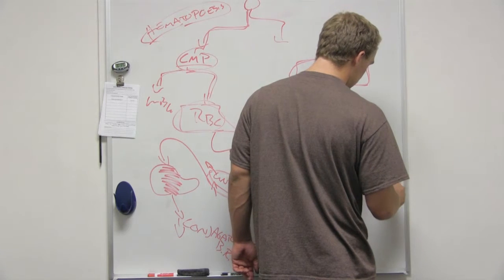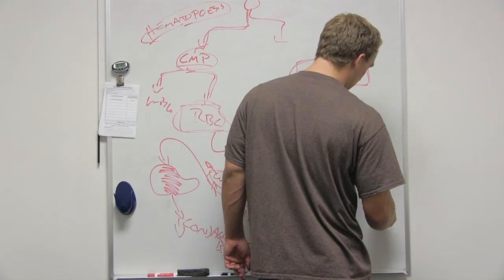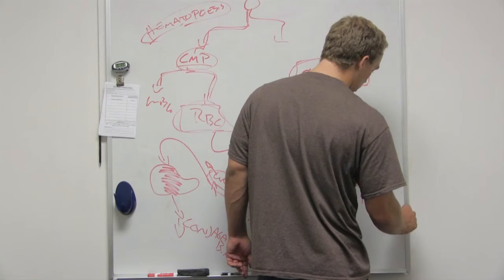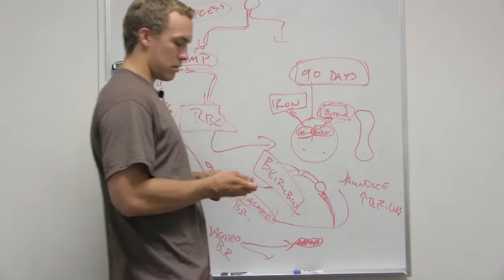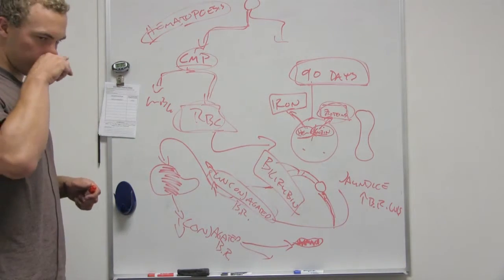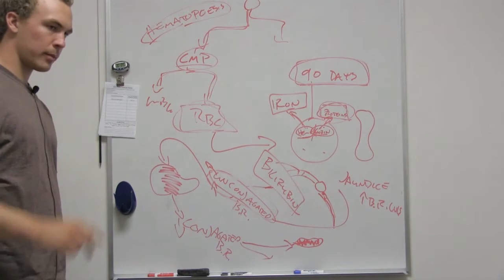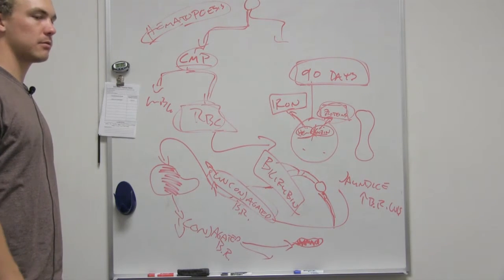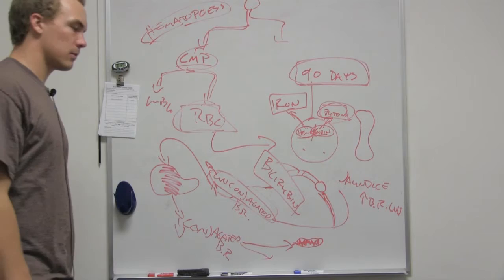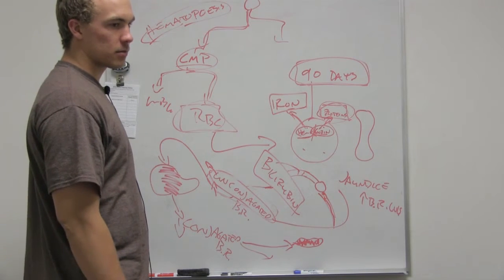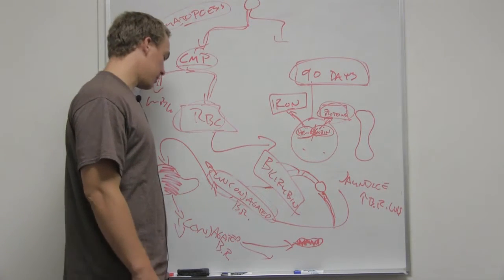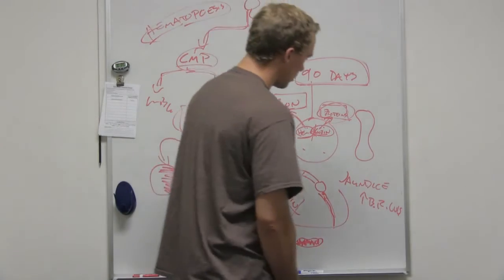So jaundice is just simply high bilirubin levels. That makes sense? Yeah, that's it. Pretty simple, huh? I mean, there's a little bit more detail to it, but that's pretty much it.